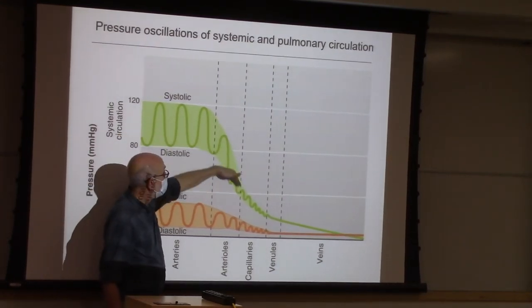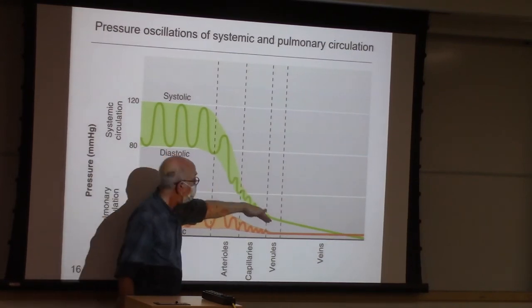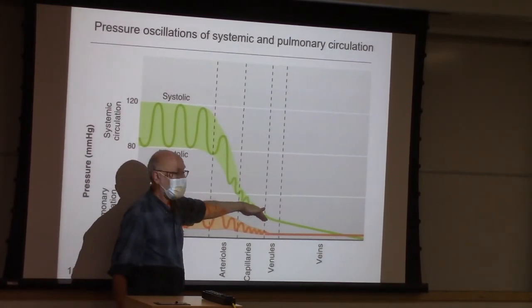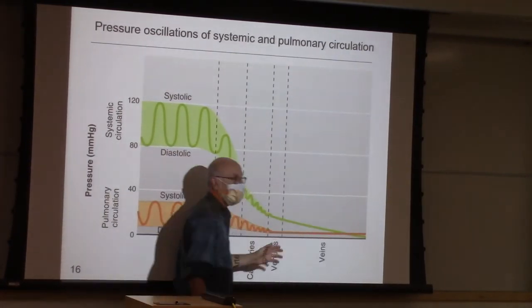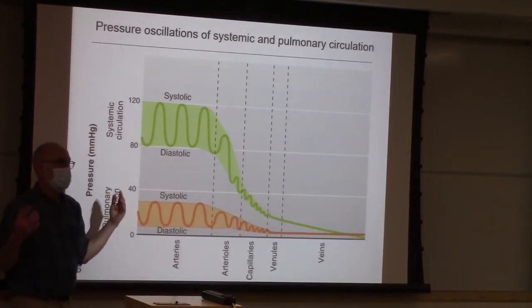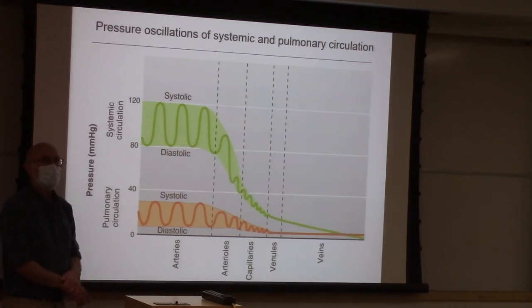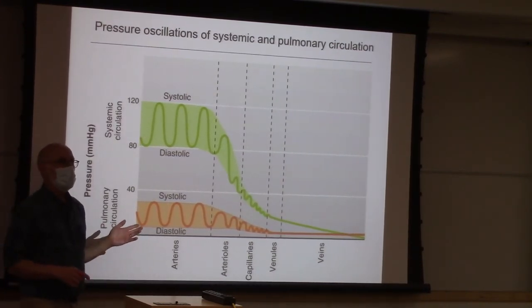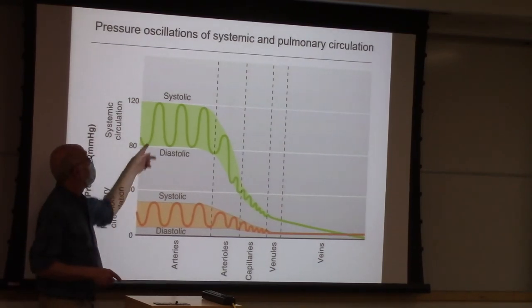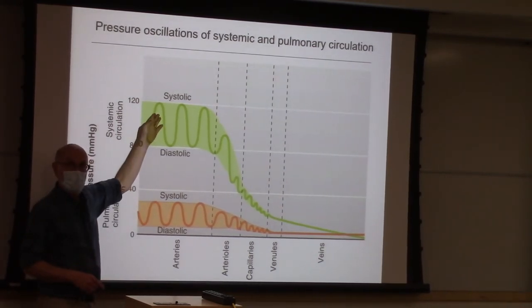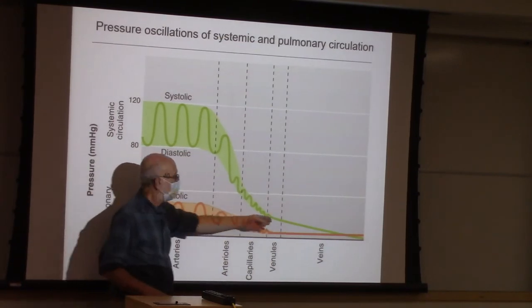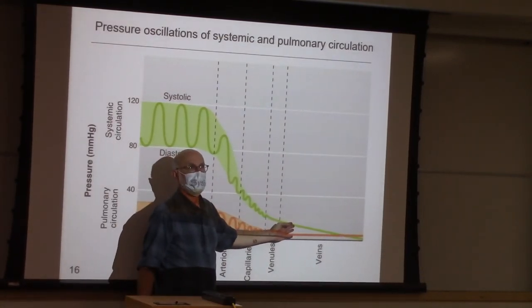There's a lot of resistance in the arterioles. There's some resistance in the capillaries. And by the time we get to the veins and venules, the oscillations have been sort of blotted out. So you may know that if you cut an artery, you get spurts of blood. But if you cut a vein, you just get blood flow.